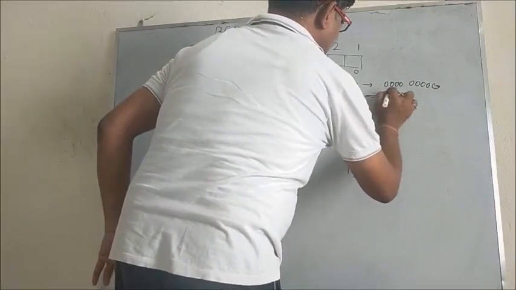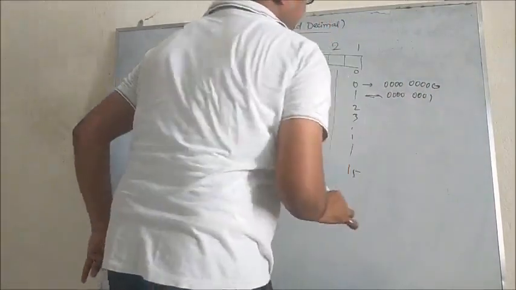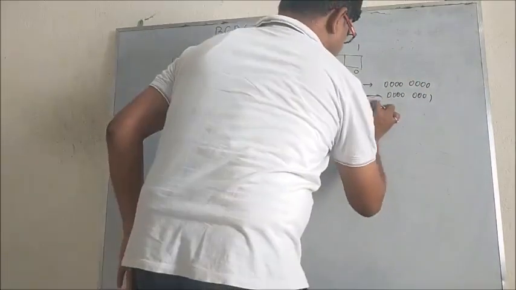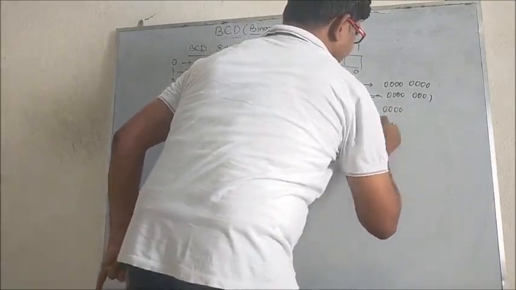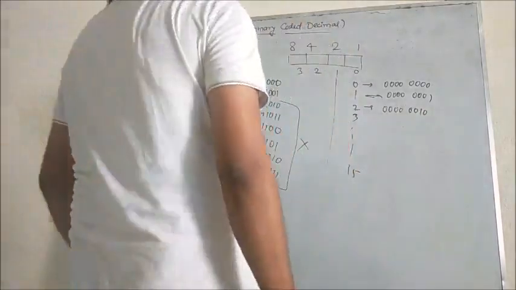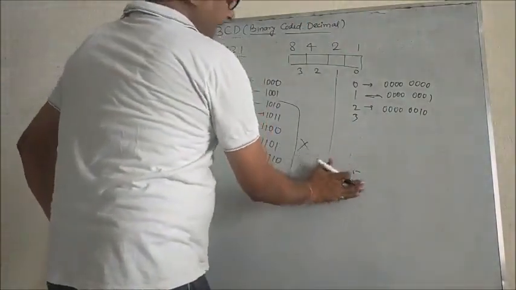What will be for 1? 0 0 0 0 0 0 0 1, right? What will be for 2? 0 0 0 0 0 0 1 0. Up to 9 this is understandable.